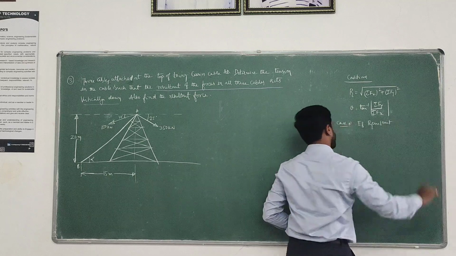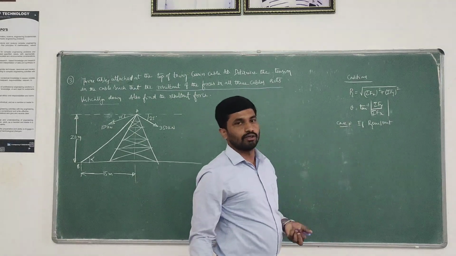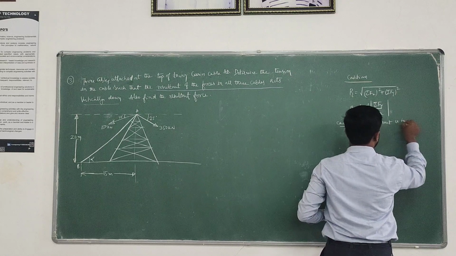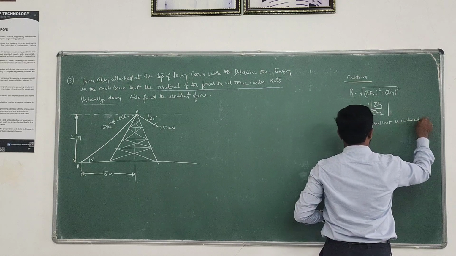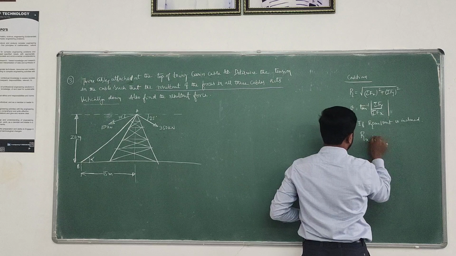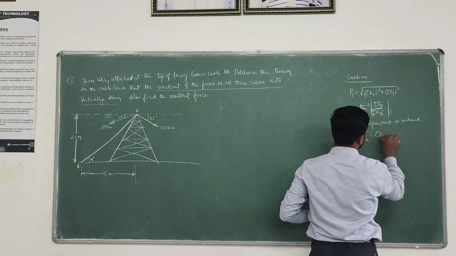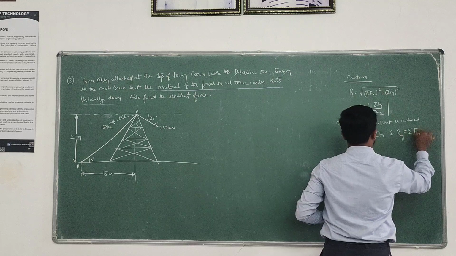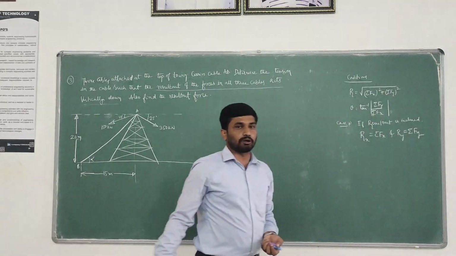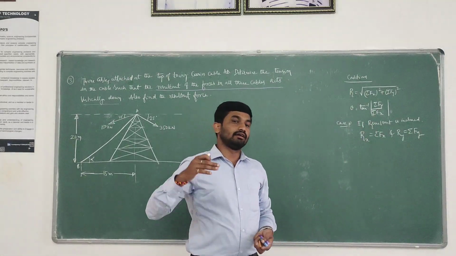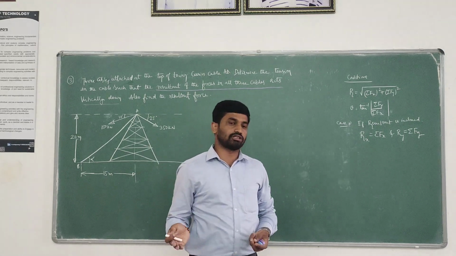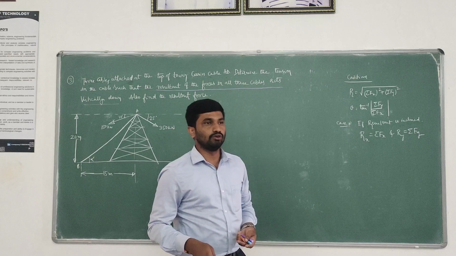In the previous problem we solved this condition. The resultant is inclined, and Rx equals sigma Fx and Ry equals sigma Fy. In this case, they may ask for the third unknown force determination or second unknown force determination, and they will give the resultant value.